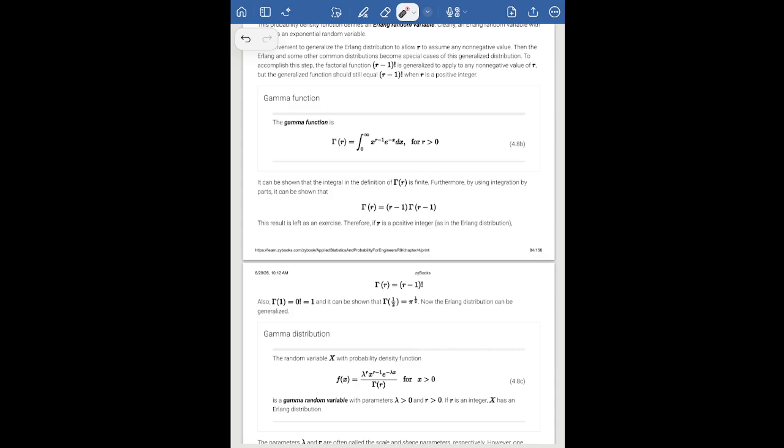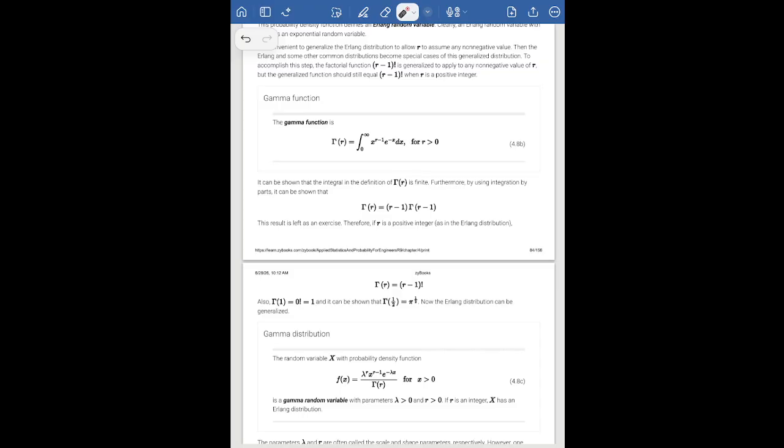All right. So keep in mind that the integral in this definition is finite. And integrating by parts, you can get this relationship here.